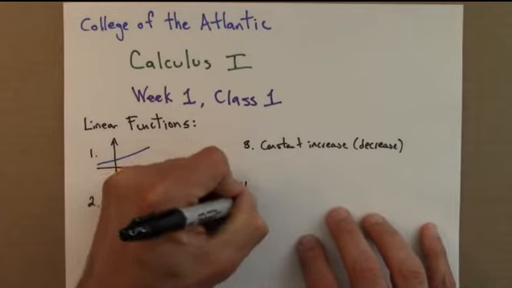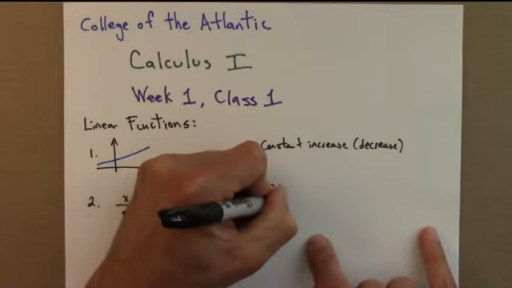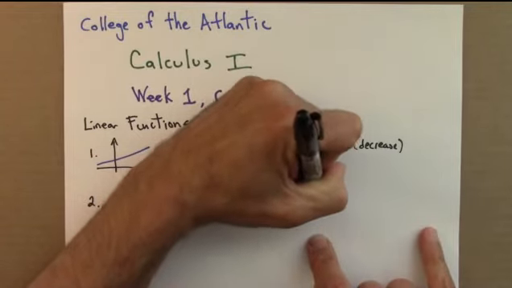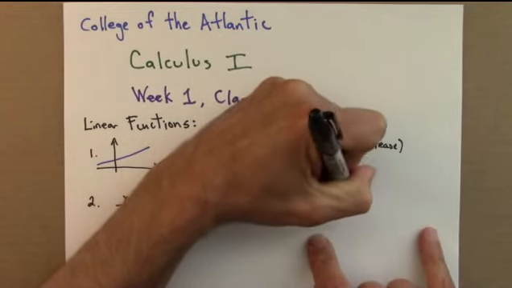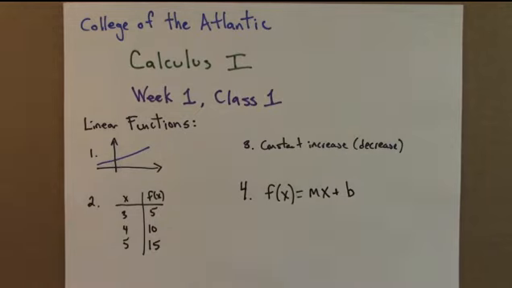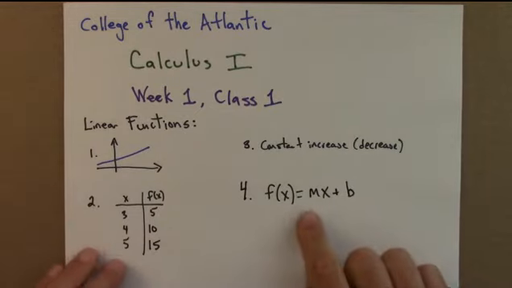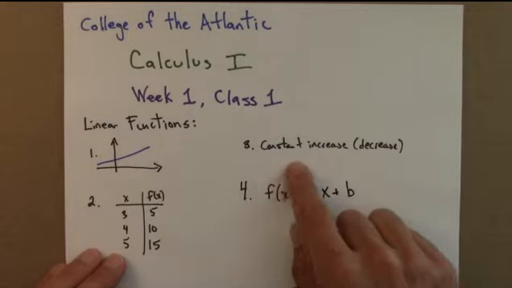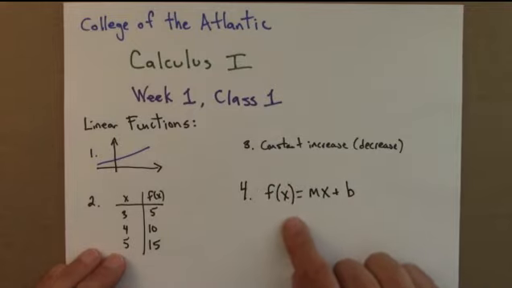And then we can also specify a function with an equation. And the equation of a line is f of x equals mx plus b, or y equals mx plus b, where m is the slope and b is the intercept. And this is really the only formula you need to have in your head for lines.